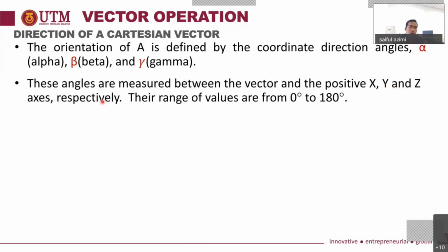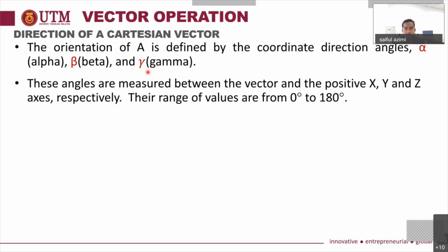So when you are given questions that ask you to find alpha, beta, and gamma for your 3D Cartesian vector representation, you must know that it is only from the positive x, y, and z axes. It is not from the negative part unless it is specified. If it is not specified, you must use the positive x, y, and z axes.